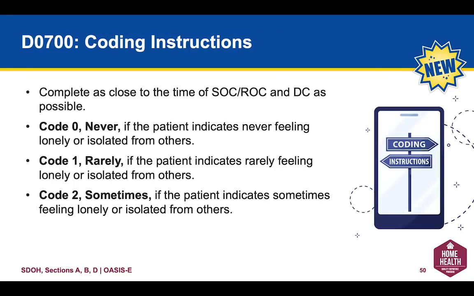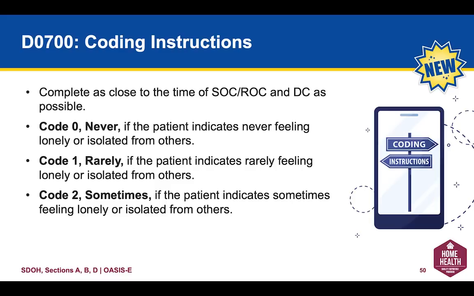The coding instructions for social isolation state that this data element is to be completed as close to the time of SOC, ROC, and discharge as possible. In response to the question, how often do you feel lonely or isolated from those around you? Assessors will enter code 0, never, if the patient indicates never feeling lonely or isolated from others.